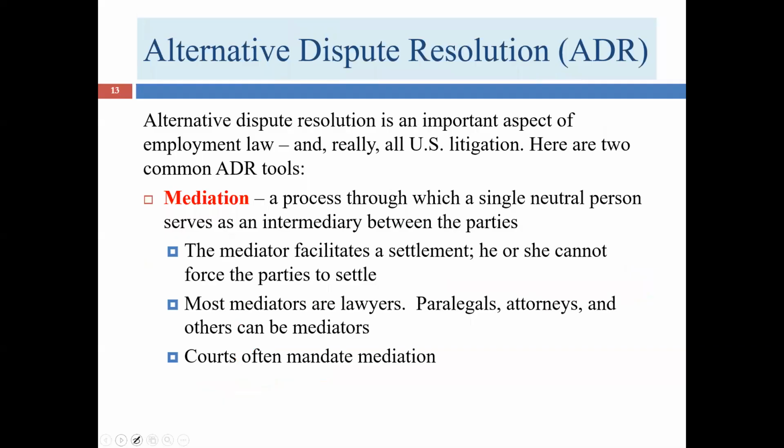So let's talk about arbitration. Arbitration is something that we call a source of alternative dispute resolution. There are two main areas of alternative dispute resolution that we're going to focus on in this course. But before we talk about those two, I'm going to mention just in passing a third. And the third is negotiation.